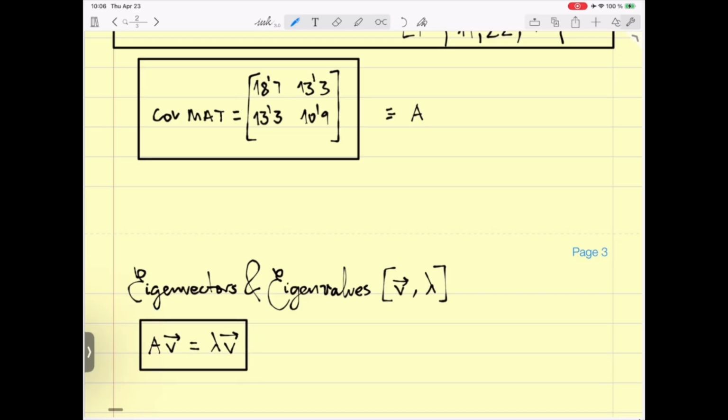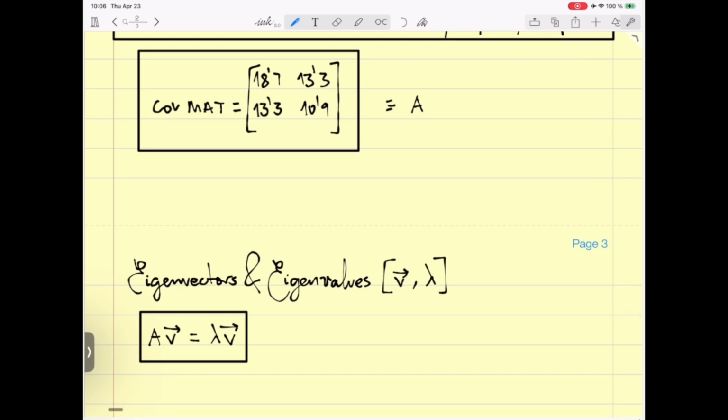This means that the determinant of A minus lambda E, where E is the identity matrix, equals 0. From there we get lambda, and from each lambda we get each eigenvector. Okay, so this is our plan to solve the problem. So let's see how this is done in reality.